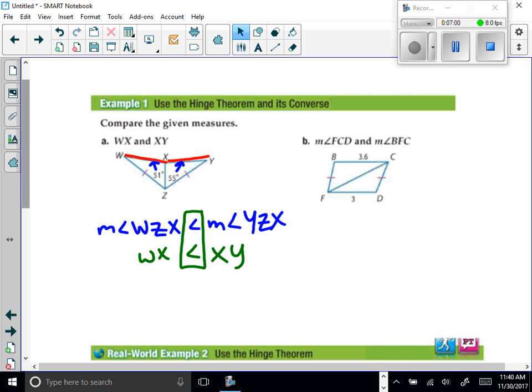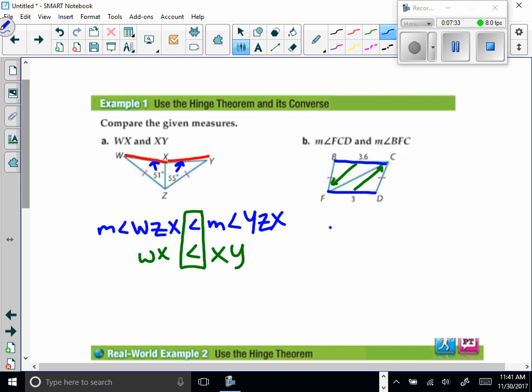For B, we want to compare the angles, and this time we're given sides. Side BC is 3.6 and side DF is 3, and we want to look at the angles that are opposite those. The angle opposite BC is angle BFC, and the angle opposite FD is angle FCD. So we're just going to base them on the sides.